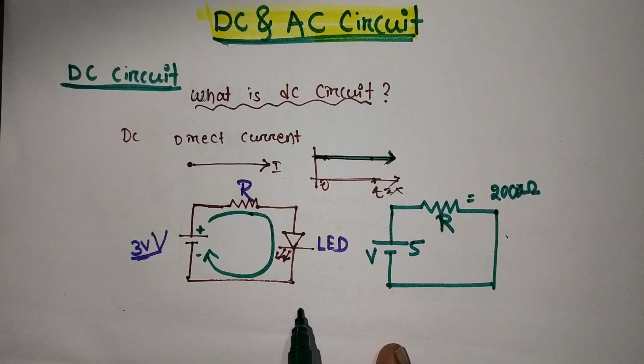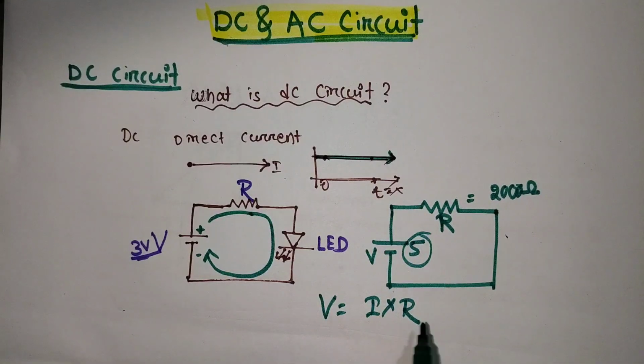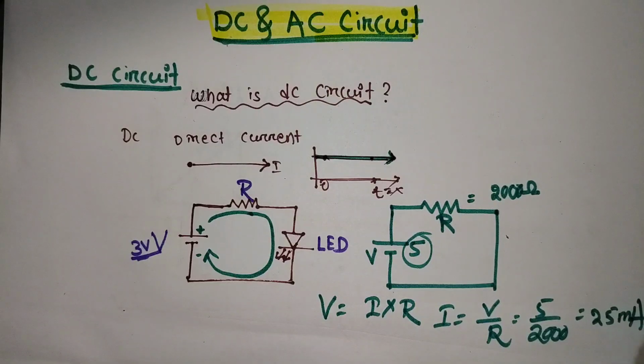According to Ohm's law, V equal to I into R. So the current is I equal to V by R, that means 5 by 2000, which is equal to 2.5 milliampere. This is simple, I showed how we calculate current by using Ohm's law. You can go to my previous video where you can get all the details on Ohm's law.